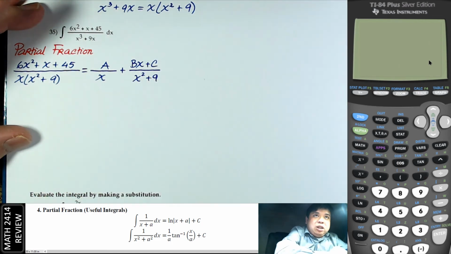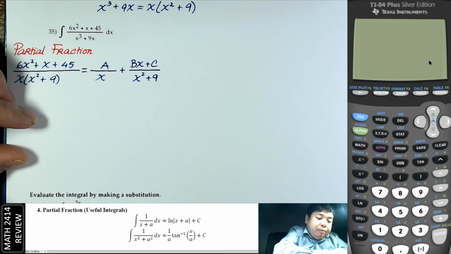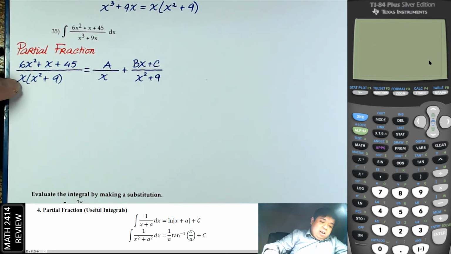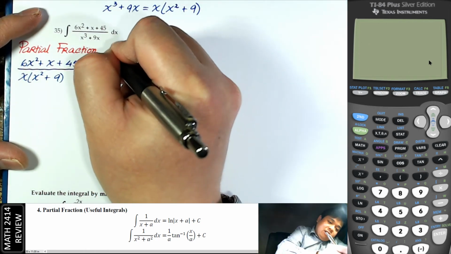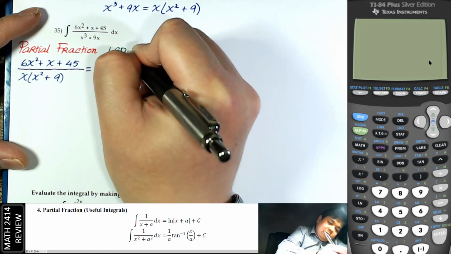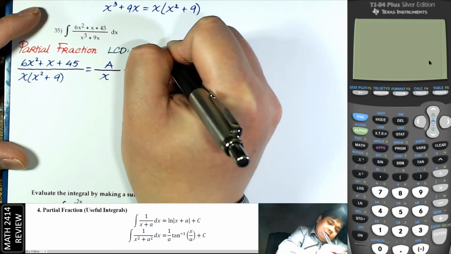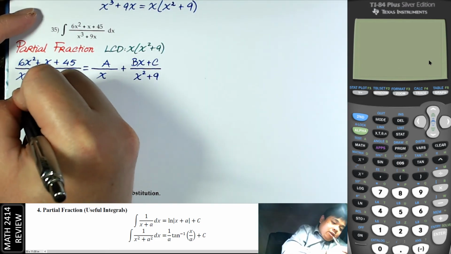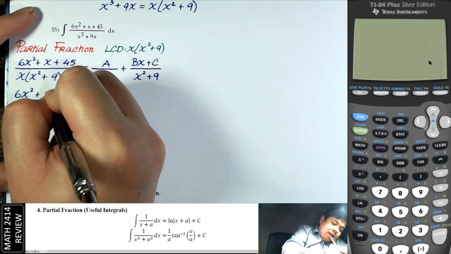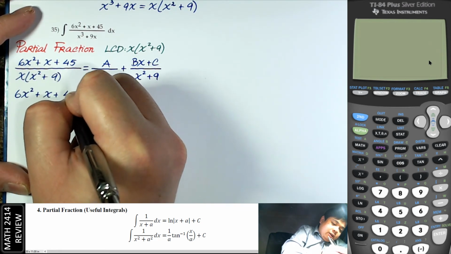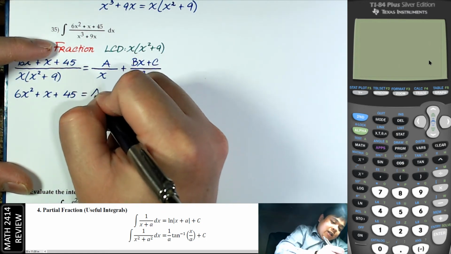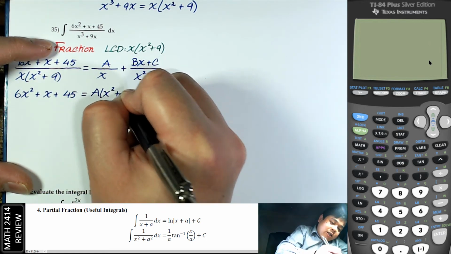Power will be always less than the bottom. Right, multiply by the least common denominator of x times x squared plus 9. That cancels out. We have 6x squared plus x plus 45. And x cancels out. That gives us a times x squared plus 9.